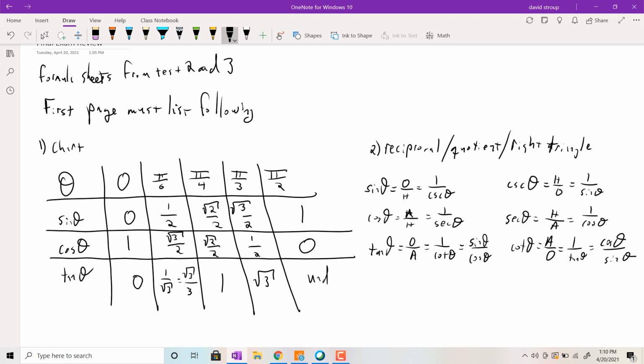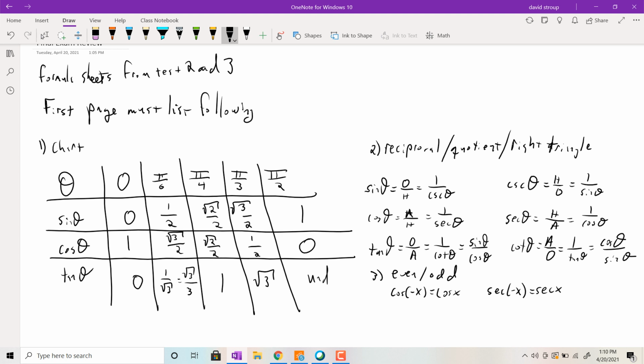Okay. We need the even odd identities. The only two that are even are cosine and secant. So cosine of negative x will just give you cosine of x, and that'll be the same deal for secant. The rest are odd.